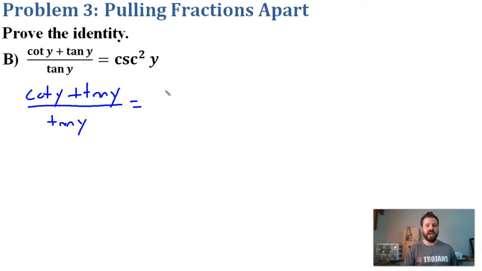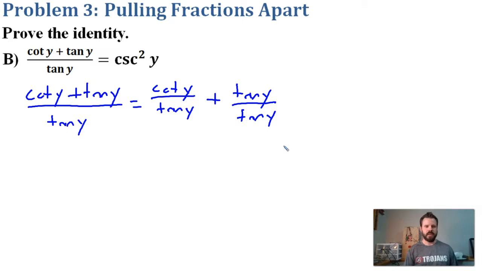I'm going to split that fraction apart. Okay, so we could say cotangent y over tangent y plus tangent y over tangent y. So the numerator is split up across the common denominators. Just like with the last problem, I'm going to flip this first fraction to sines and cosines.